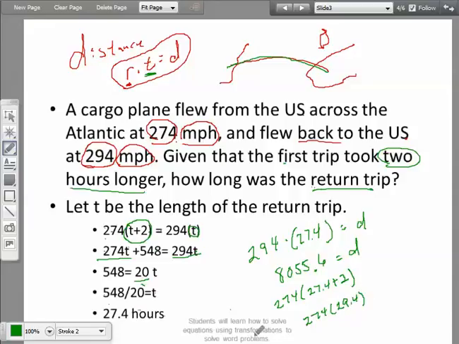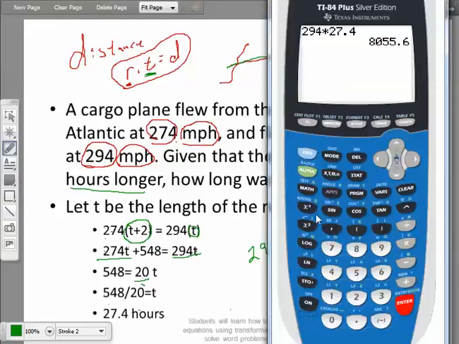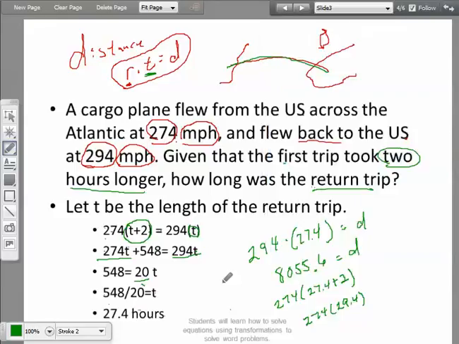Once again, I can't do that in my head, so 274 times 29.4, and I will wind up with 8,055.6. Same number. See, distance was the same, right? So I don't think they're asking me distance-wise if I get the same number here.